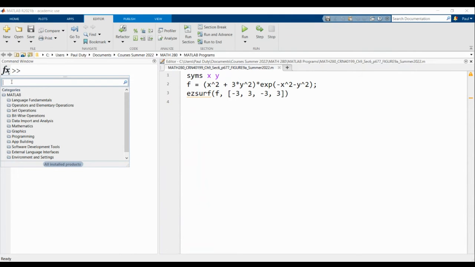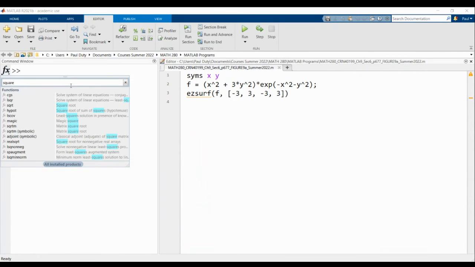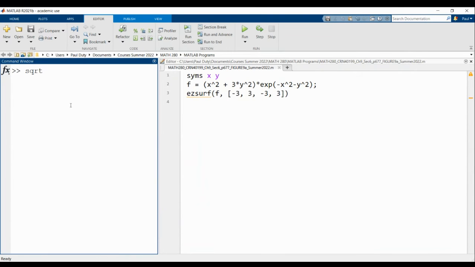So, for instance, let's say square root. You want to know how to type in a square root. Ah, look, see? SQRT. So I click on SQRT, and it brings it up.